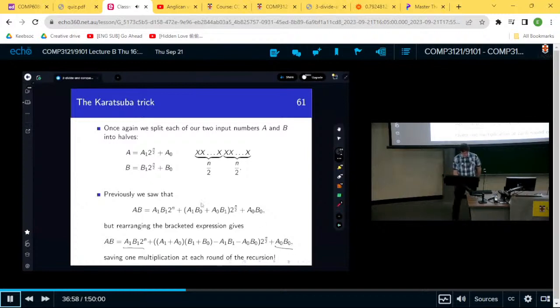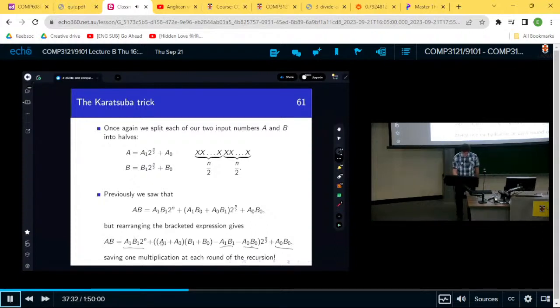But now, instead of performing these 2 multiplications, we're trying to reuse things that we have already done. We have already computed A0 times B0 over here. We have already computed A1, B1 over here. And now we're multiplying these 2 larger things, and then subtracting A1, B1 and A0, B0.